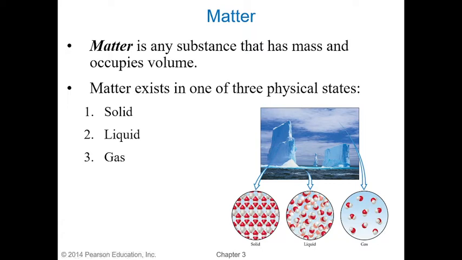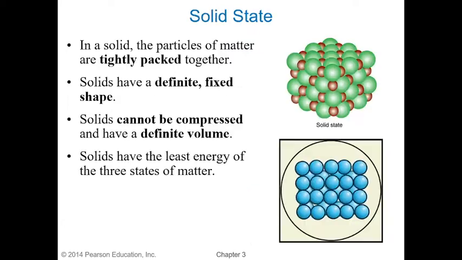Okay, so let's describe our three states of matter one by one, and tingnan natin yung mga properties nila. So when we are talking about solid state or solid, in a solid, the particles of matter are tightly packed together. As you can see here, this is a diagram. Those greens and brown, these are atoms.